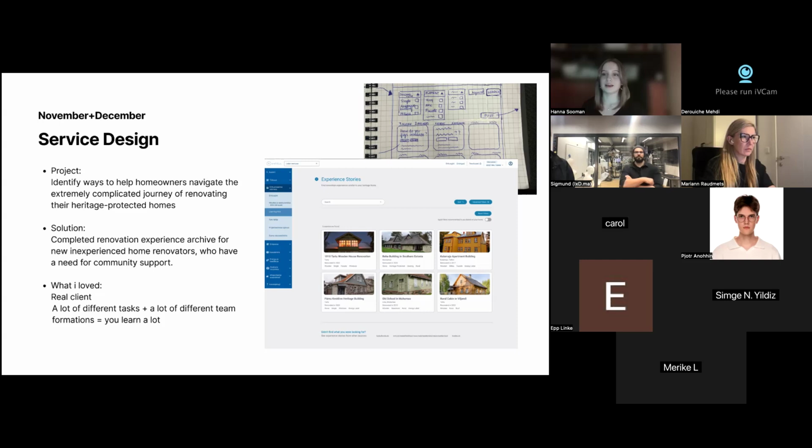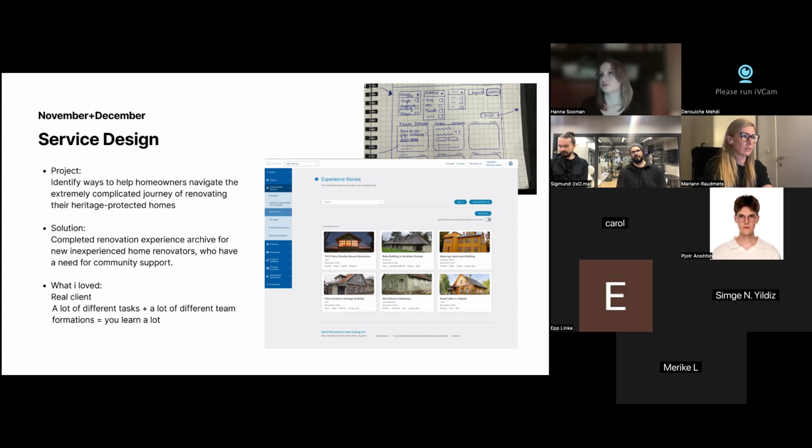It was a really difficult project to start. It took a lot of research to really understand all of the existing materials that the homeowners were working with right now, the current situation. But basically from the middle, it turned out to be my favorite project. It was really interesting, and I learned a lot of new things from it.